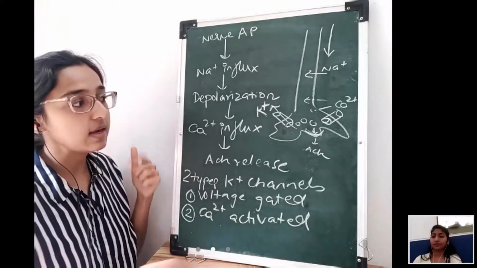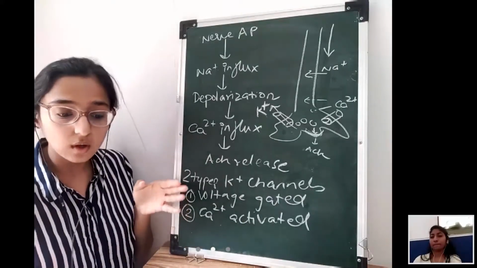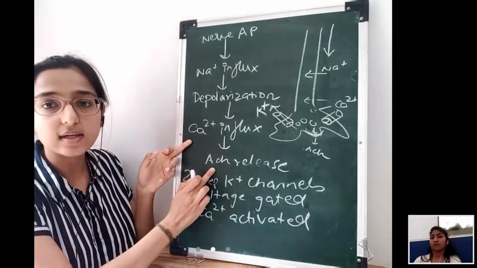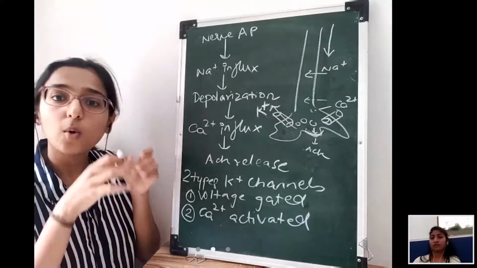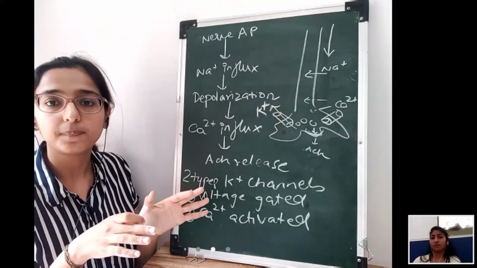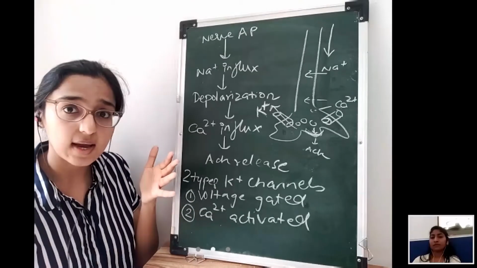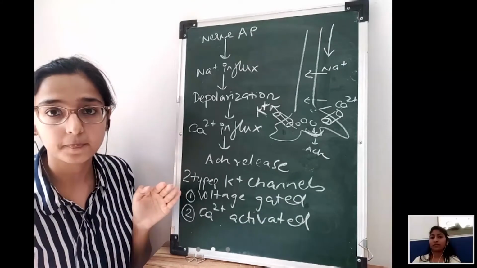Now this is applied. What is understood from this is that the release of acetylcholine depends upon the calcium. The more calcium enters, the more acetylcholine will be released. If there is no calcium outside, no calcium entering, there will be no release of acetylcholine.